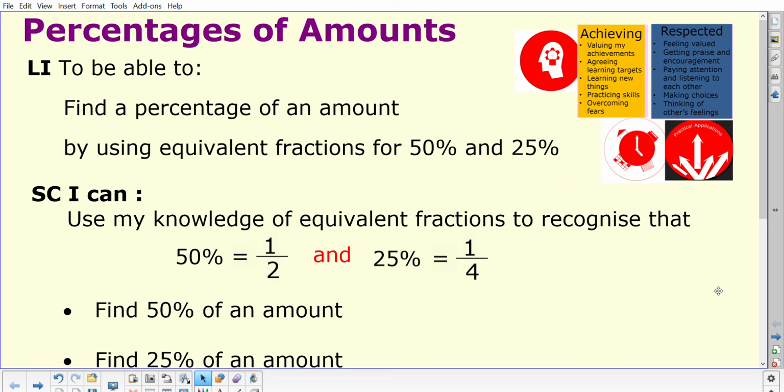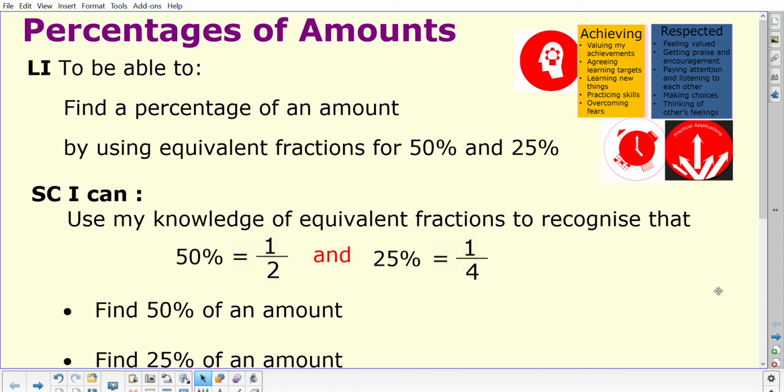So in our lessons on percentages so far, we have been looking at and understanding that a percentage is simply a special type of fraction. Today in this lesson we're going to move on to finding a percentage of an amount, and the ones we're going to focus on are 50% and 25%.